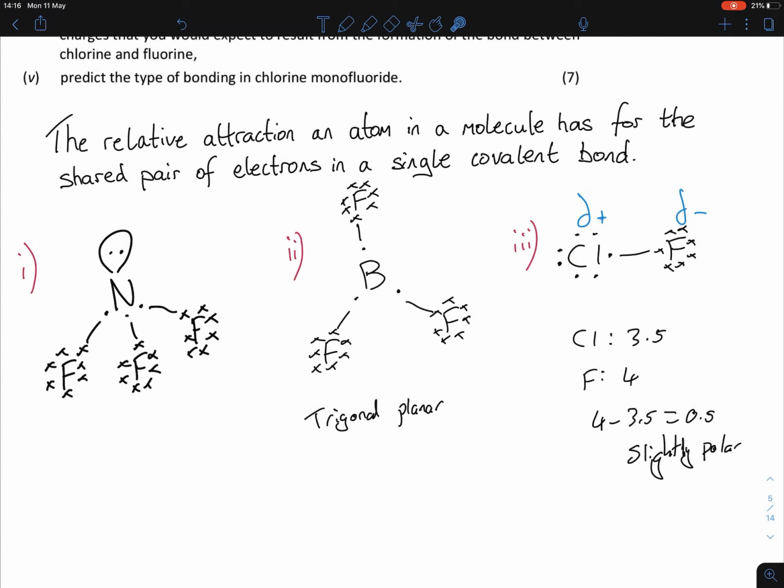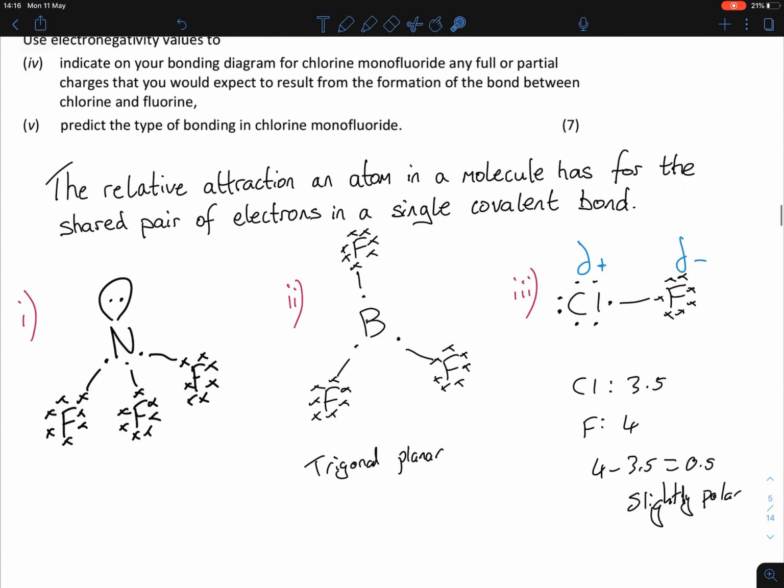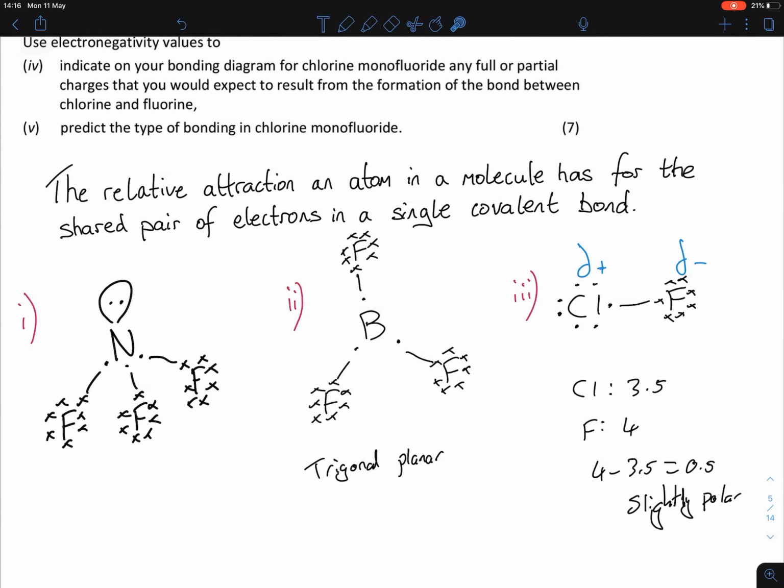I have a delta sign there, that's how we represent indicating our dipoles. If you do not put that dipole in, then it's no longer a covalent bond, it's now an ionic bond. So be really, really careful about that. That's what we did there on the charges, so we've done that part of it. Grand.